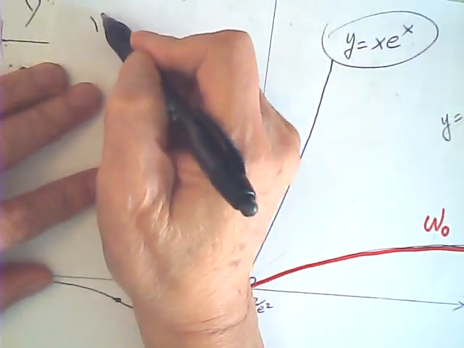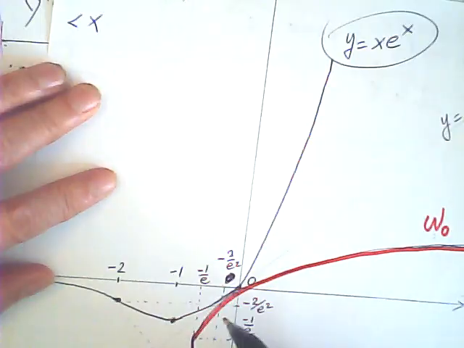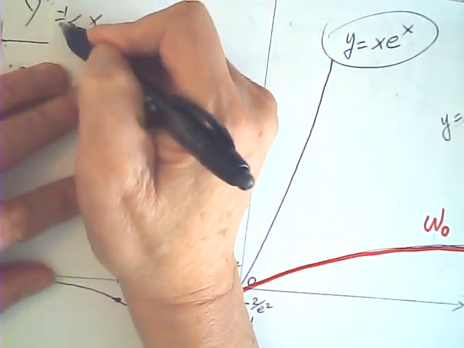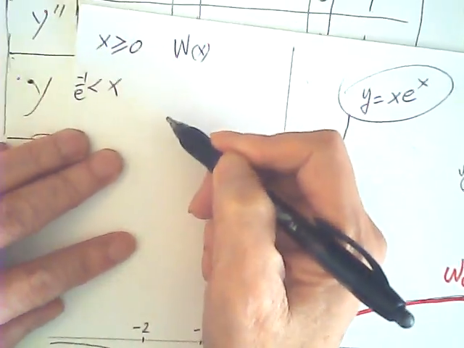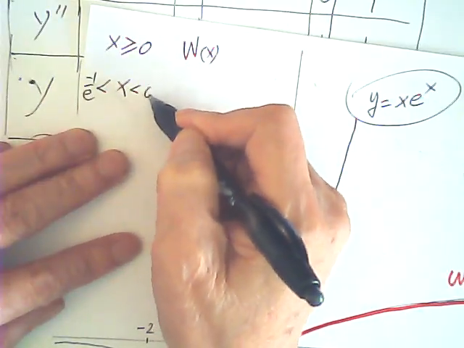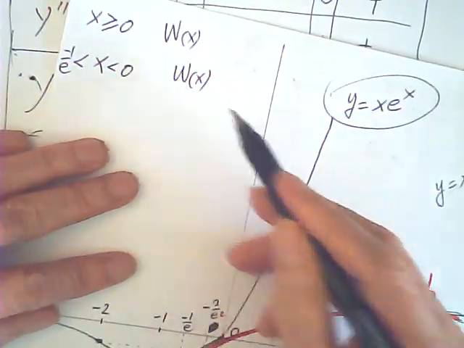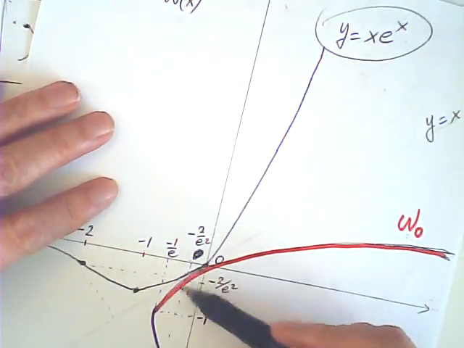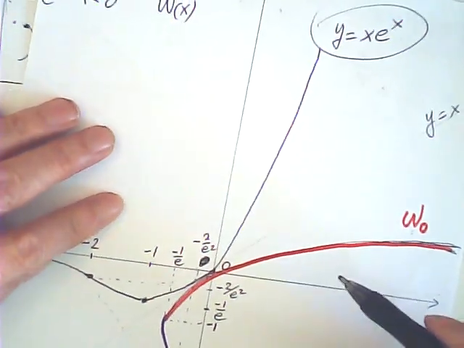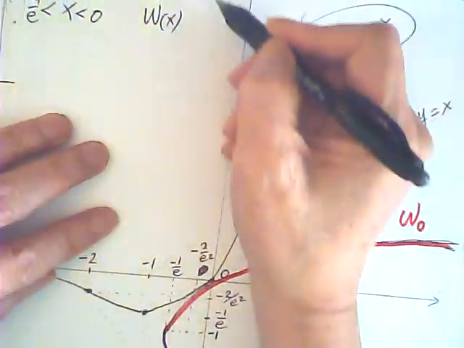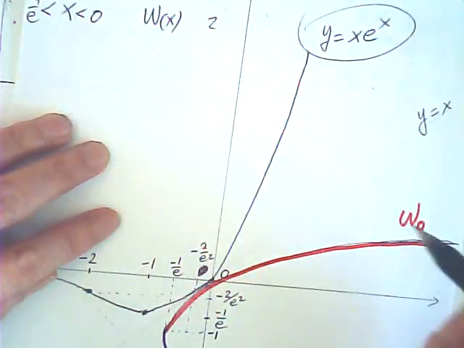When x is between minus 1 over e and 0, our W function has two real solutions. This one has one real solution, this one has two real solutions.